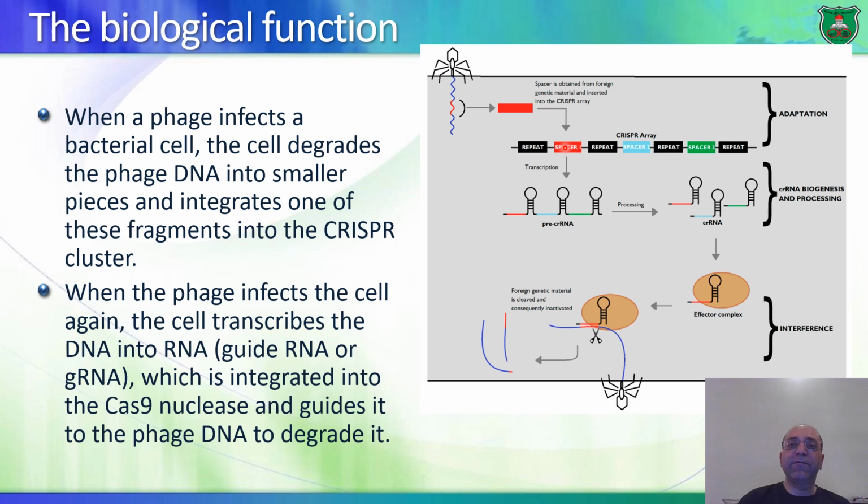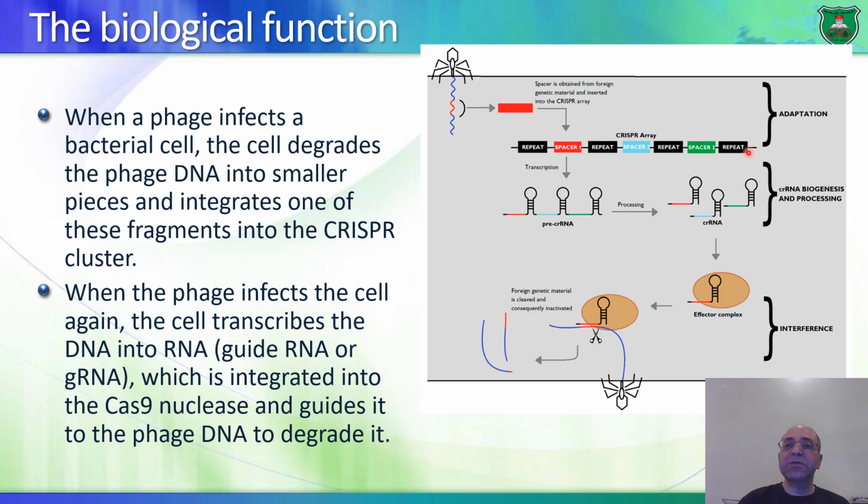So in this cluster, you have several different sequences taken from different bacteriophages that previously infected this same particular bacterial cell. All right, and these different bacteriophage DNA sequences are separated by these palindromic sequences.